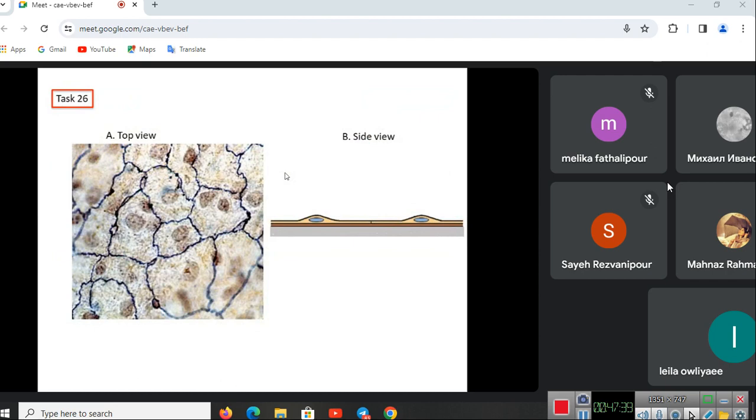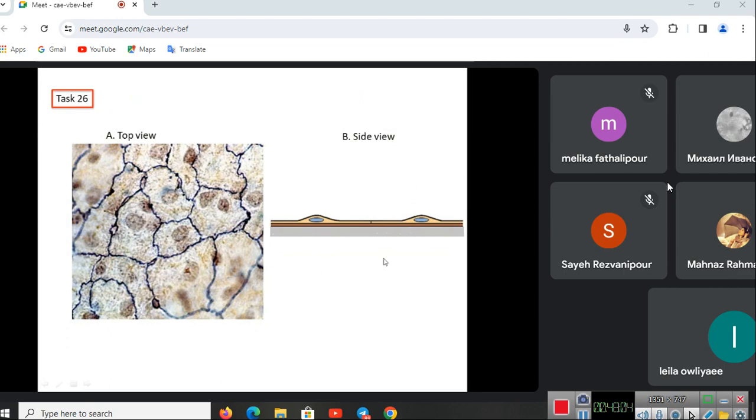In your album, you should draw two pictures: the top view of this preparation, where you should draw something resembling this picture, with the cells of irregular shape located closely together. Their cell borders are black because of silver impregnation staining, and cell nuclei inside the cells.